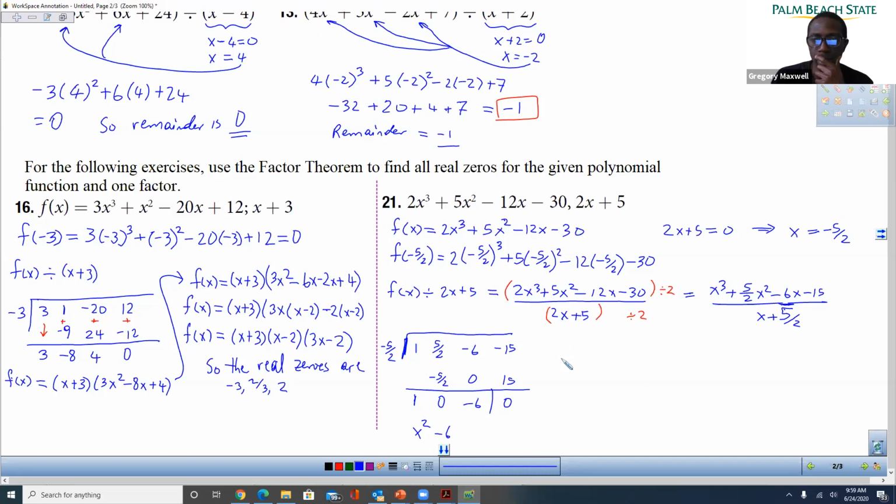So we can then say that this expression, x cubed plus 5 over 2 x squared minus 6x minus 15, is x plus 5 over 2 times x squared minus 6. Oh, times 2, because we have divided everything by 2.